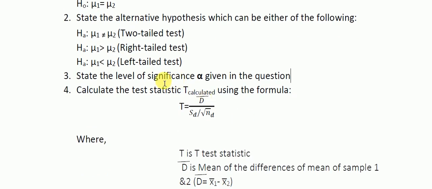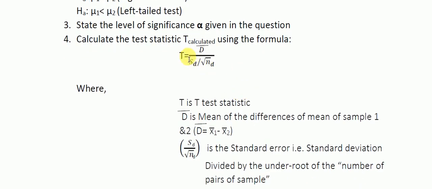Next, calculate the test statistic t calculated using this formula. So what is this formula? t is the test statistic, d bar. d bar is the mean of the differences of the means of sample 1 and 2. So d bar is equal to x bar 1 minus x bar 2.